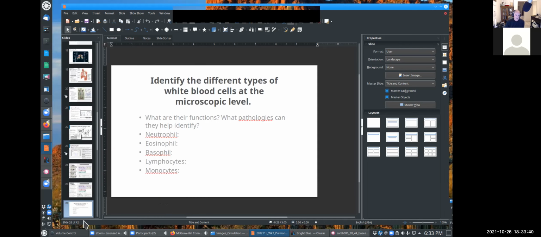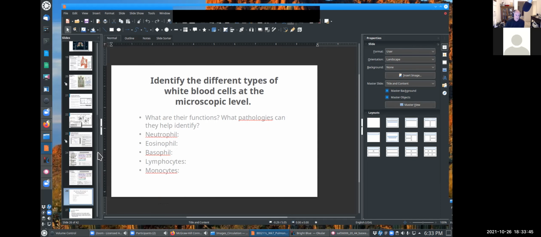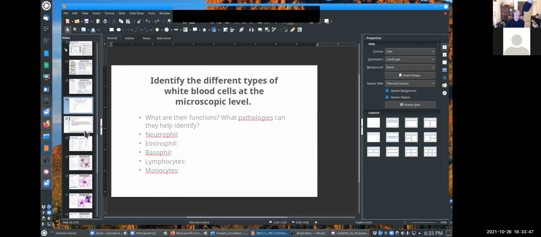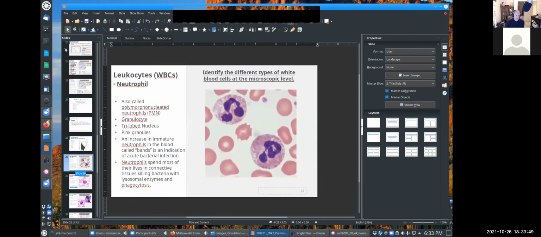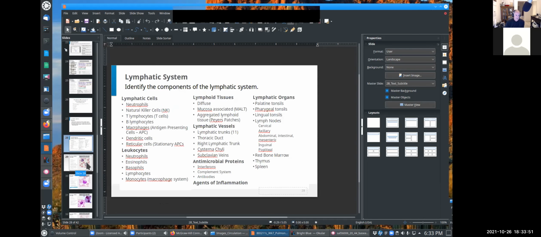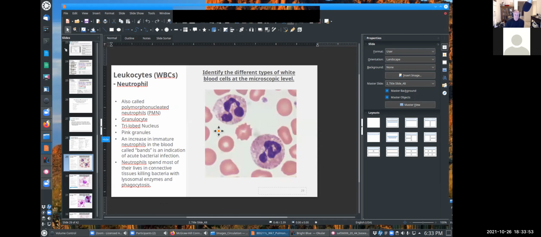Now we're into the lymphatic system, and some of these cells will be on the exam through the histology.